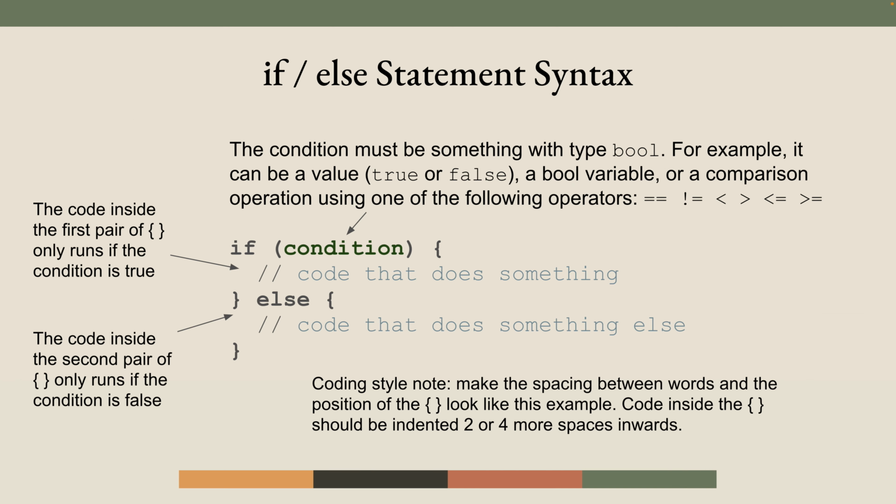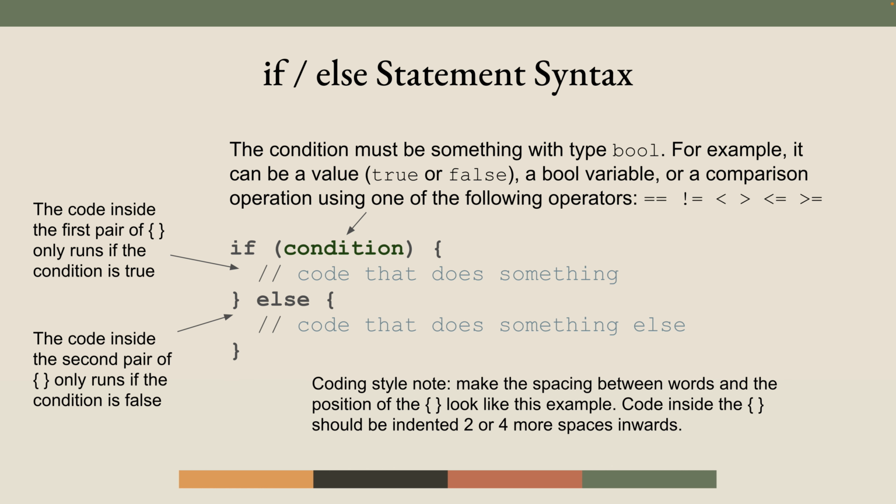So the if-else syntax, again, a lot on one slide, but for people who've come into lab, you've had practice, or if you're coming in today or Monday, you'll have practice actually writing this out, and it'll be easier to memorize. But again, just highlighting the main points. Condition must be true or false. If it's true, the code in the first set of brackets runs.